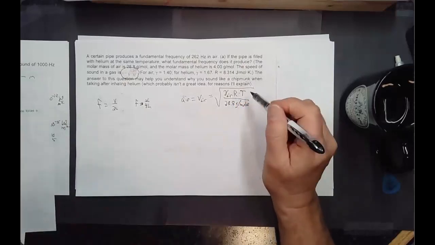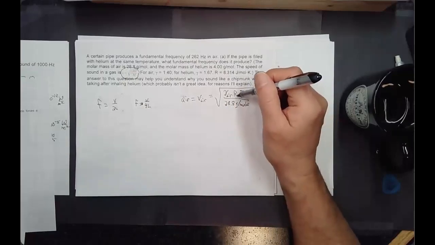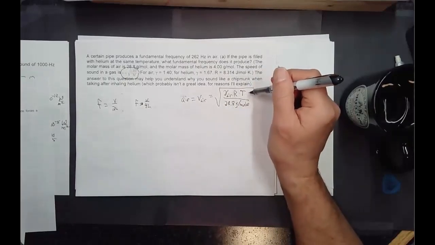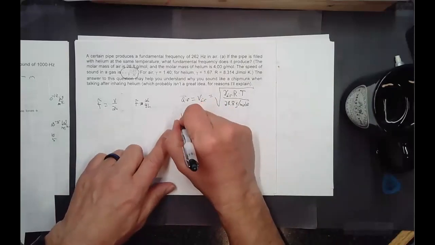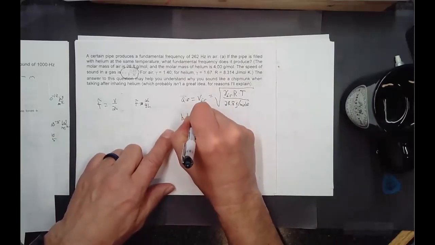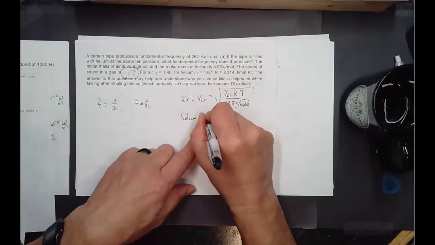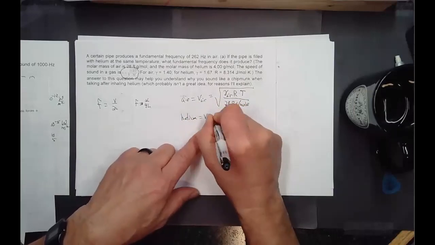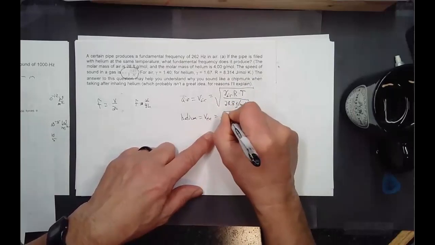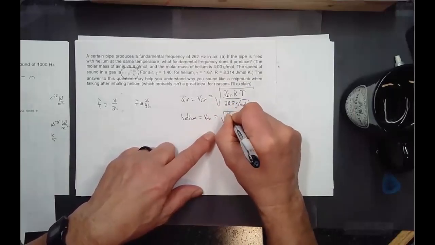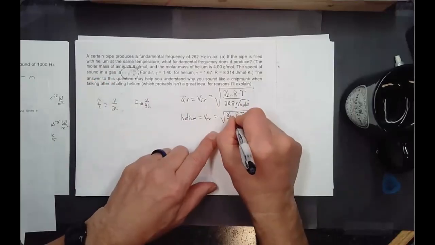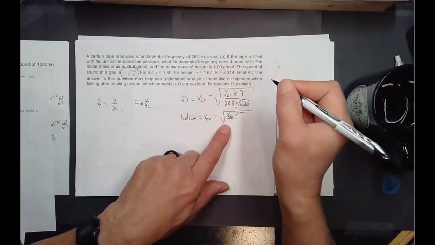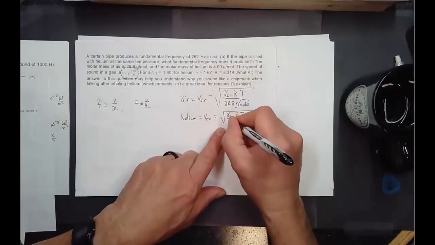I could plug in R, but I don't see that it mentions a temperature here at all. So I'm just going to pretend I don't know it. But for helium, you could calculate this. You'd have V sub He, and it's going to be the square root of gamma for helium times R times the same temperature. I'm assuming we're not changing that. And I would divide that by 4.00 grams per mole.